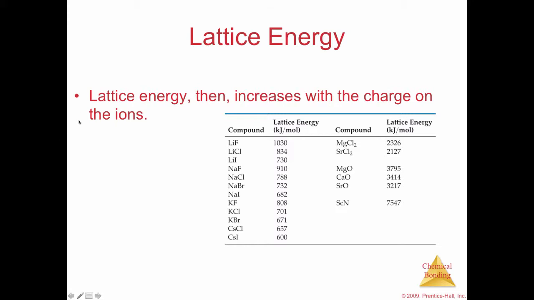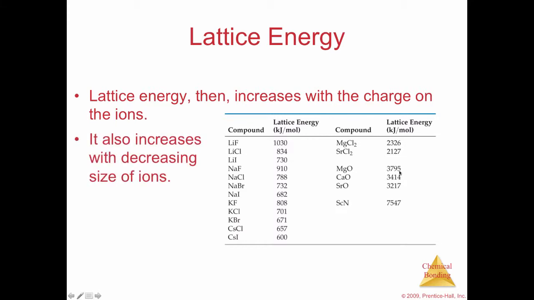So we can see that lithium fluoride, which has a +1, -1, has a lattice energy of 1,030 kilojoules per mole, whereas something like magnesium oxide, +2, -2, has a lattice energy of 3,795 kilojoules per mole.